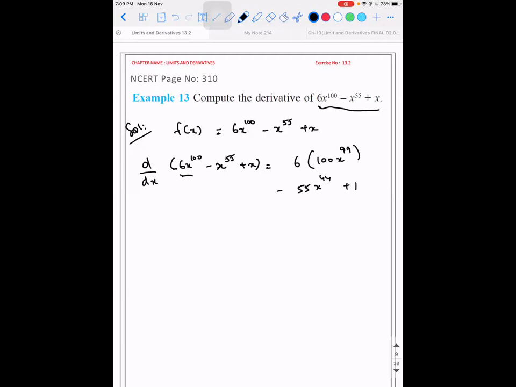Yes, sir. So I found the derivative of 6 into x power 100, that is 6 into 100 into x power 99. I found the derivative of x power 55, that is 55 into x power 54. Derivative of x is 1. So you will have 600 into x power 99 minus 55 x power 54 plus 1. Sir, it will be x power 54. Oh, sorry, 54.